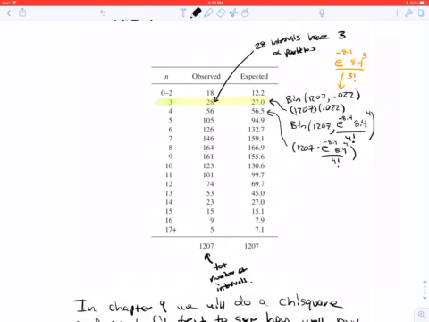If we wanted to know, for example, what's the expected number of intervals having 4 arrivals, then we'd look at a binomial with 1,207 and a new p given by the Poisson distribution for 4, right? And so we get 56.5 as the expectation of that binomial.